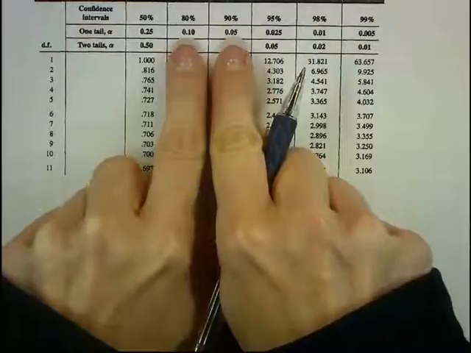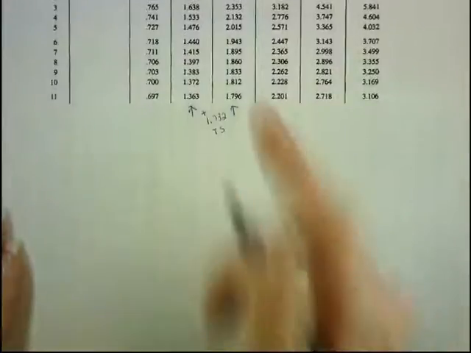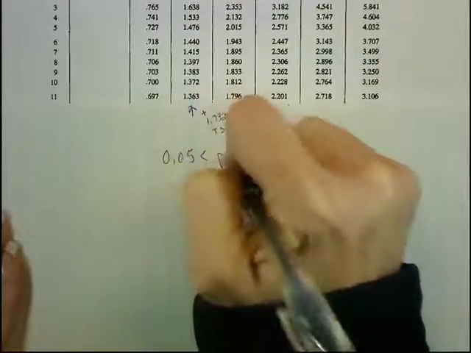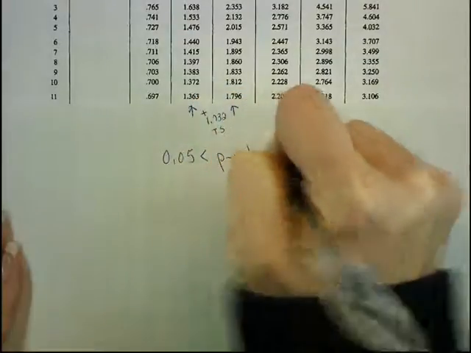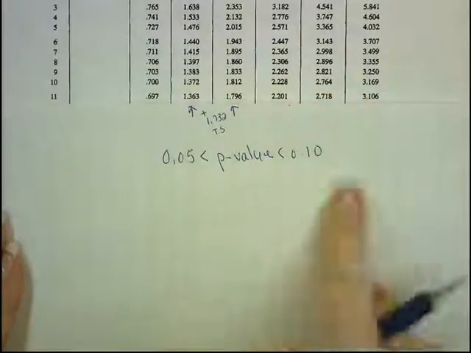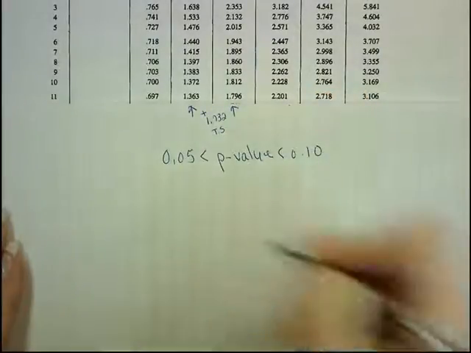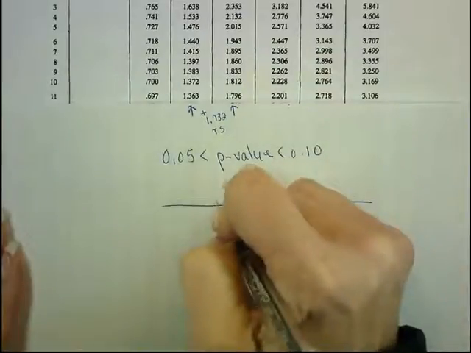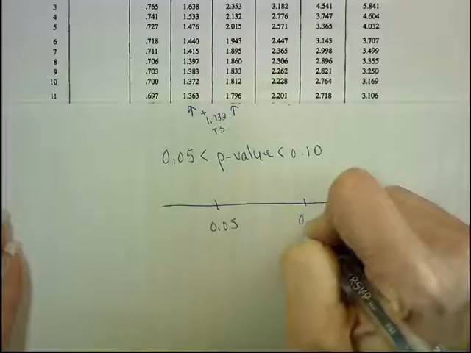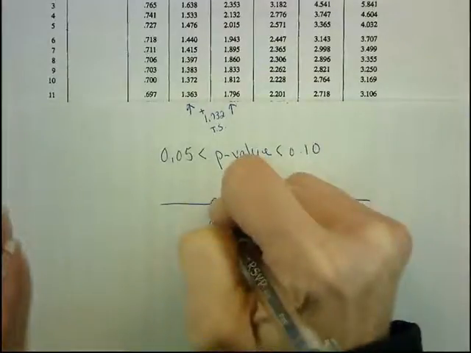When you write your p-value interval, you will say that the possible p-values fall between 0.05 and 0.10. And your p-value interval, if this were an axis, it would look like this, the graph.